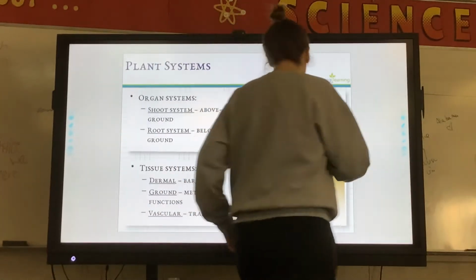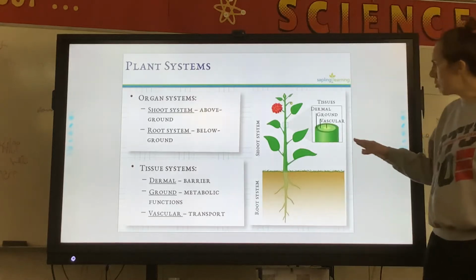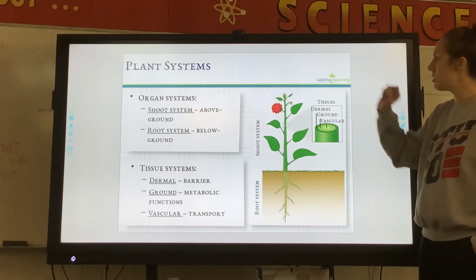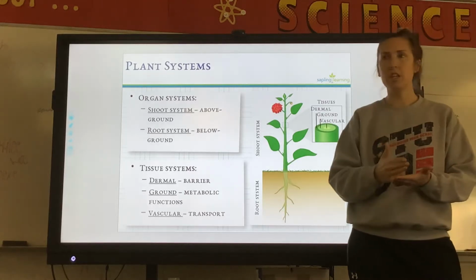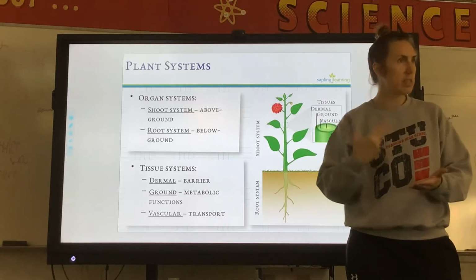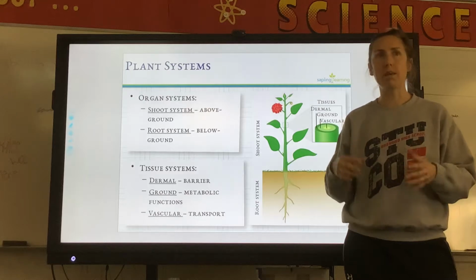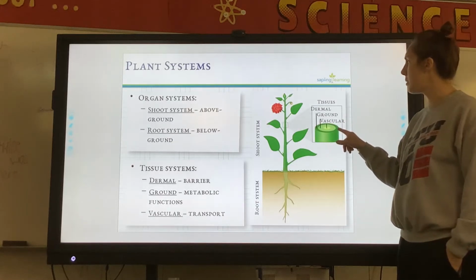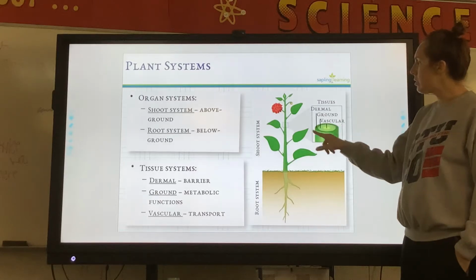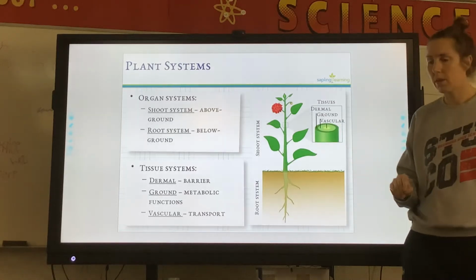Now, within the tissues, mostly in the shoot system, you've got layers. It's kind of like when you cut the trunk of a tree, the rings, the layers, they look different. They're probably made of different tissue. So the first word that jumps out at me is the outside is called dermal.